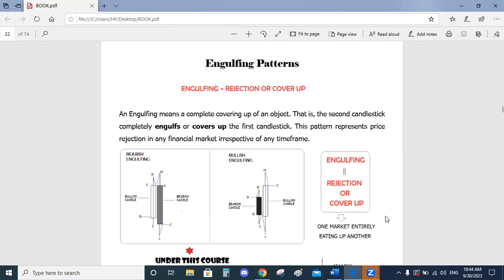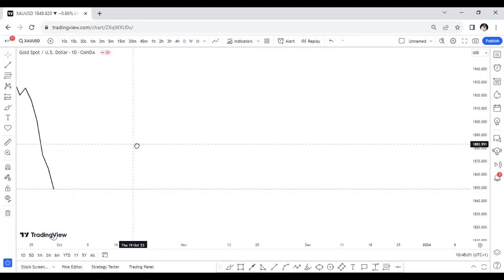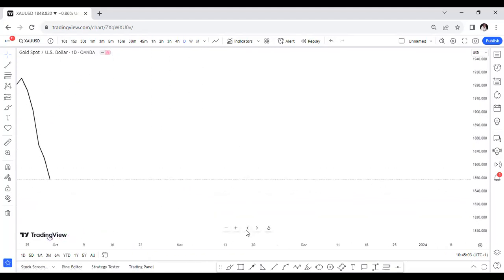So the basic thing is, engulfing is one market entirely eating up another one. It's all about price, still price, and rejection of price manipulation. The same concept of manipulation or rejection is what engulfing represents in the market.